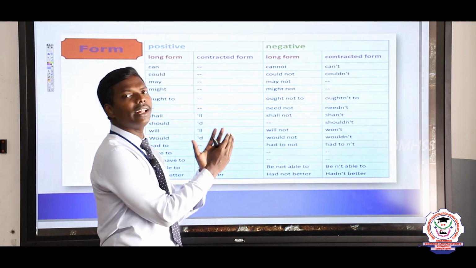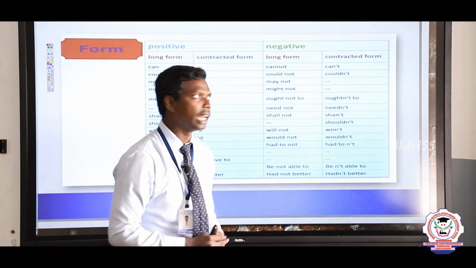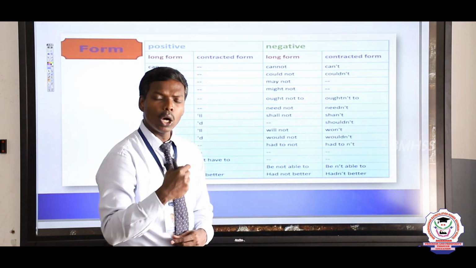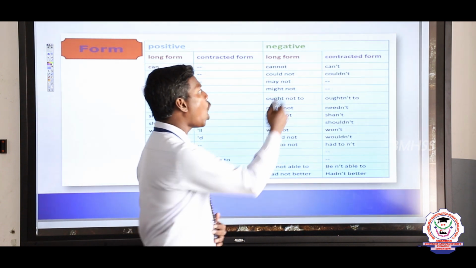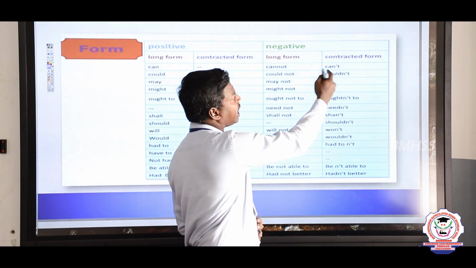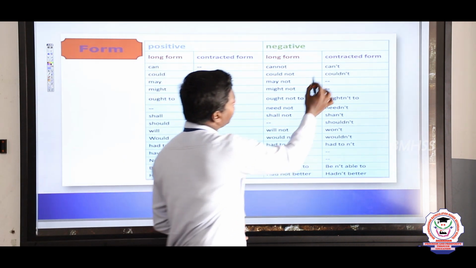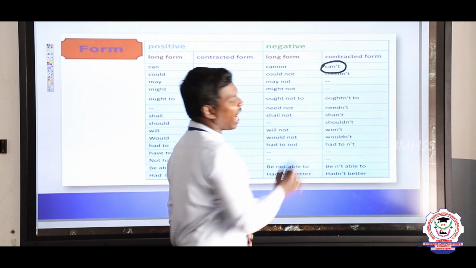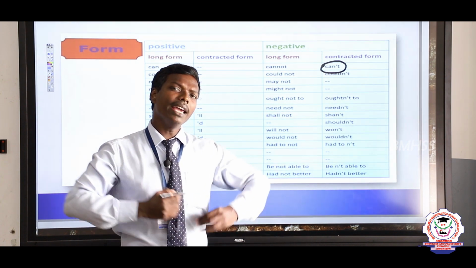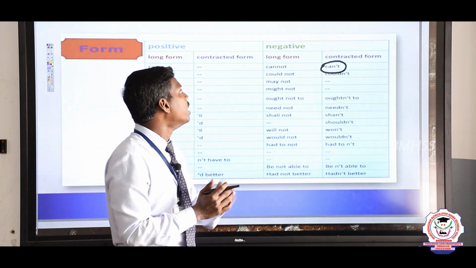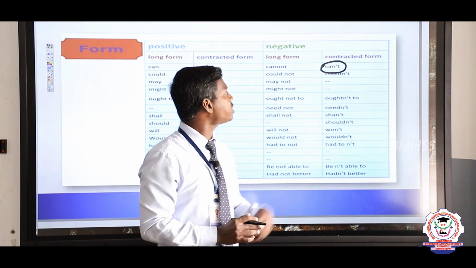So what will be the negative form of all these modal auxiliary verbs? For example, cannot can be written in the form of can't. See, this is very important. Can't, can't. I can't help you. I can't do this. When we say that, cannot can be combined together, and that is the contracted form, can't.